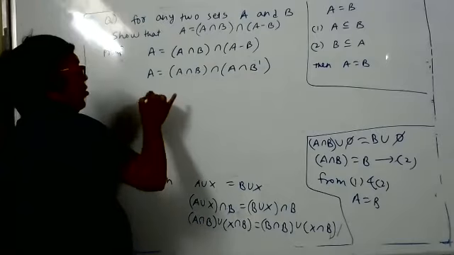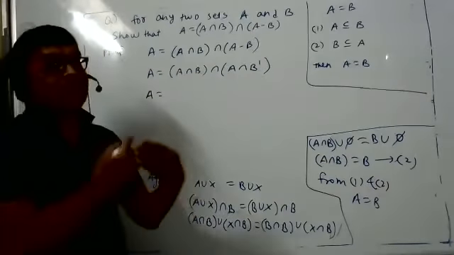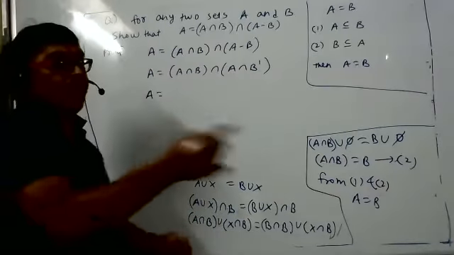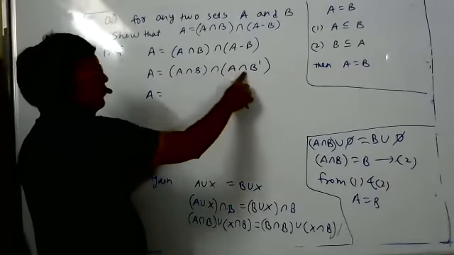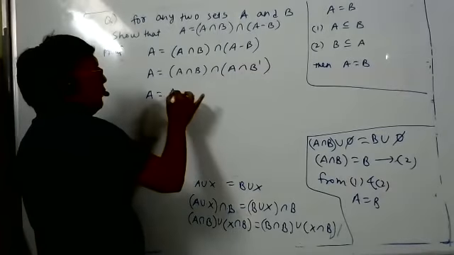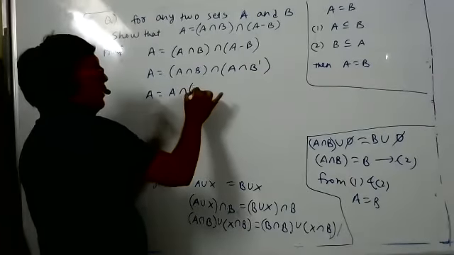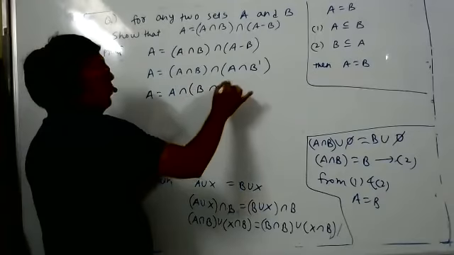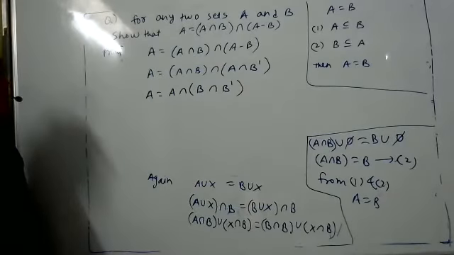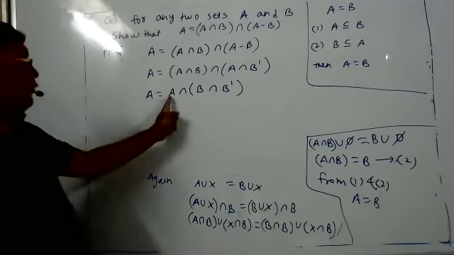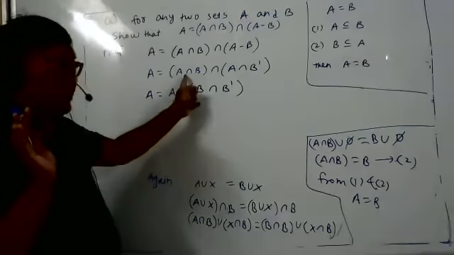Then use the distributive property in reverse, not from left to right but from right to left. Who is getting distributed here? A. So I can write the opposite of the distributive property: A intersection B union B complement. Any doubt? No, sir. If you distribute A intersection, you will get this answer only.